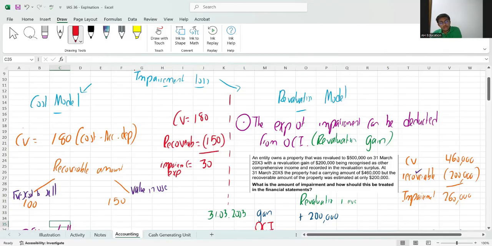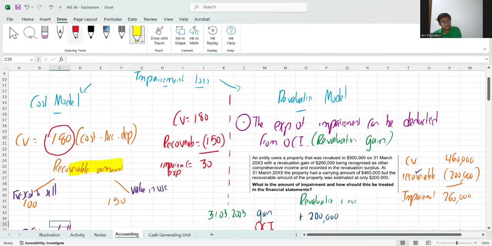Say that your accountants have gone and shown your asset carrying value as $180. In terms of recoverable amount, now you all know what recoverable amount is. Recoverable amount is the maximum amount that an asset could generate by either selling that asset to a third party or using that asset in your business and generating future cash flows in terms of profits.